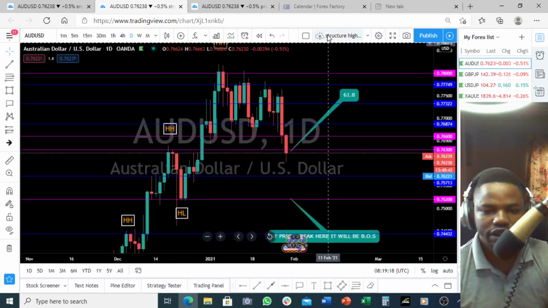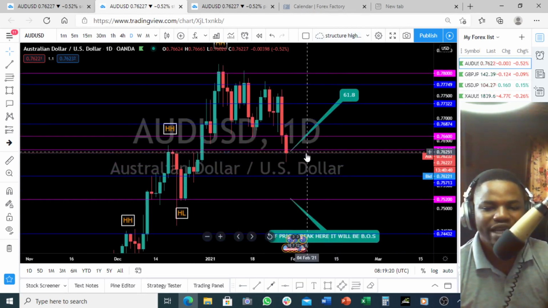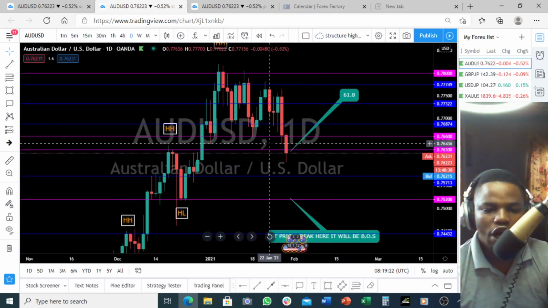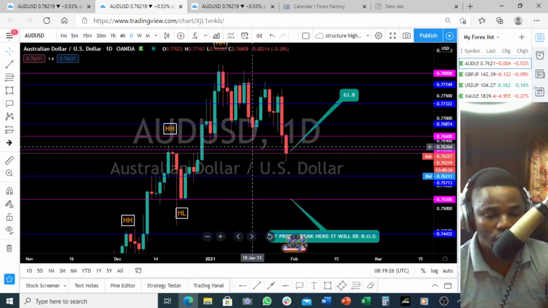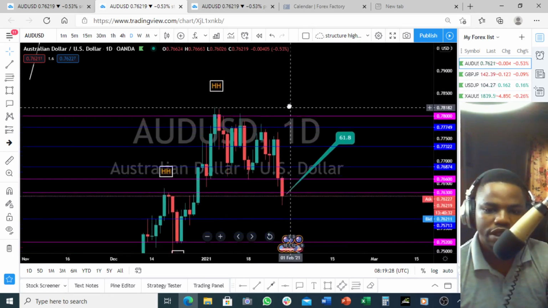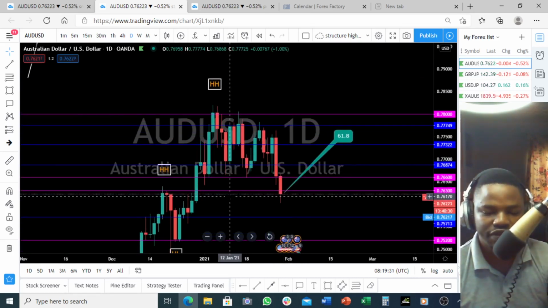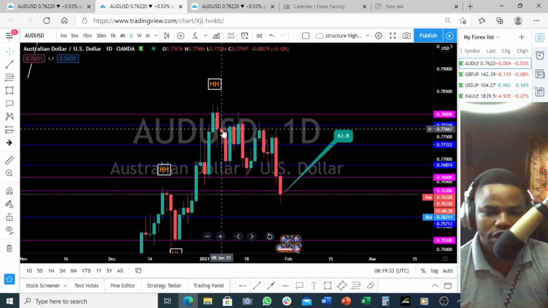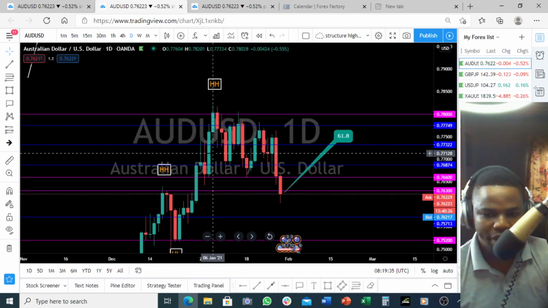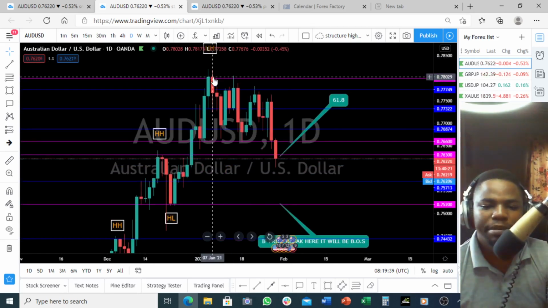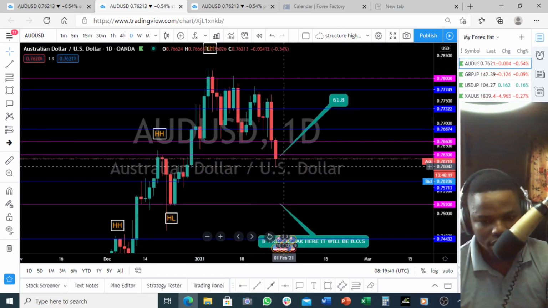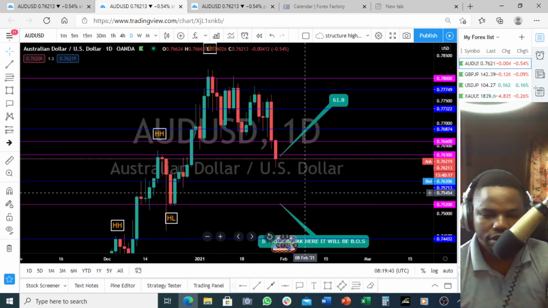At this point, we don't yet have a higher low area. Why? Because the rule says you look for market phase, and then you check where the market is at this current point. On this daily time frame, the market is pulling back. When will it pull back to? Only fibs and levels will tell us where the market will pull back to.